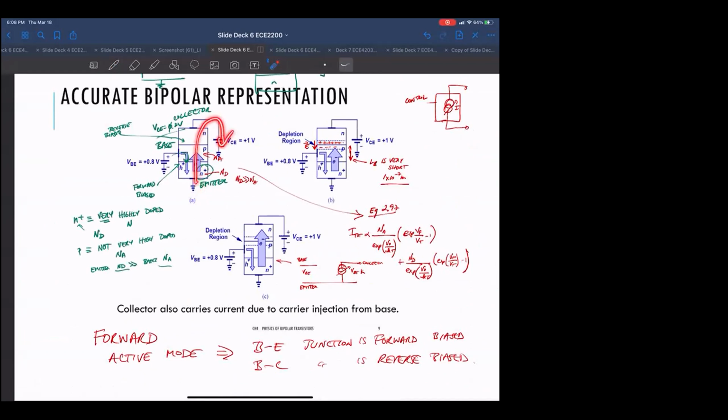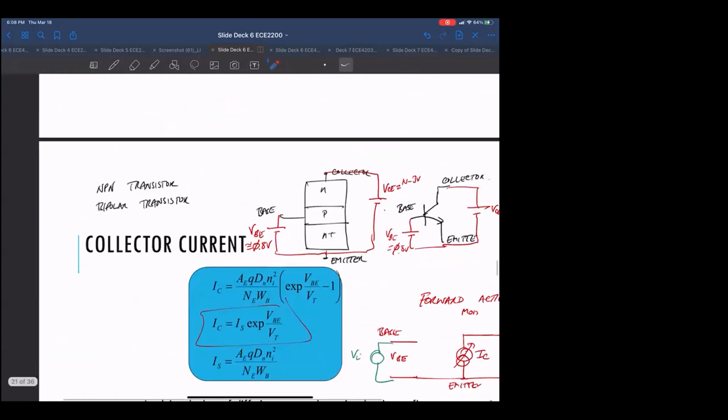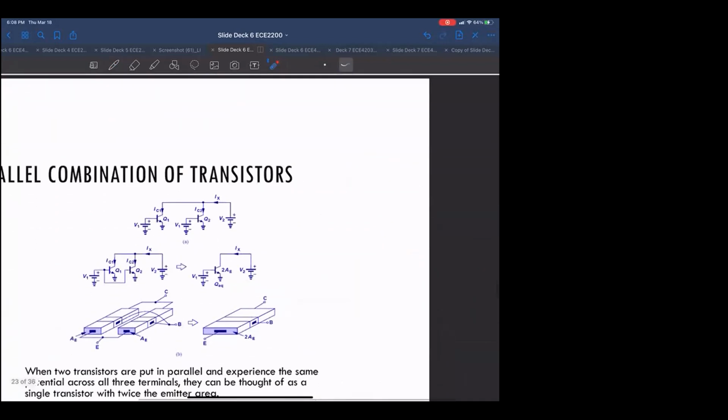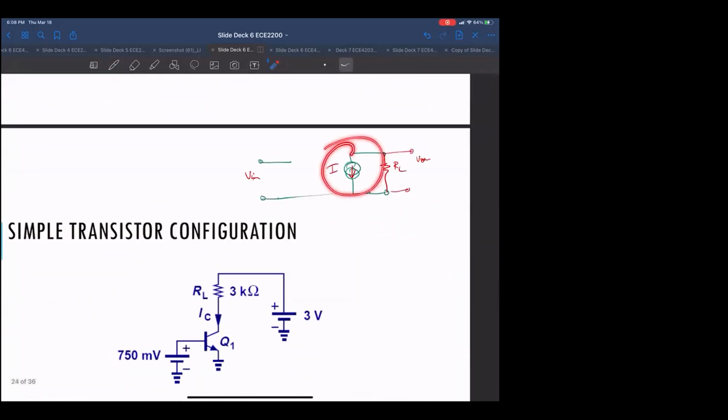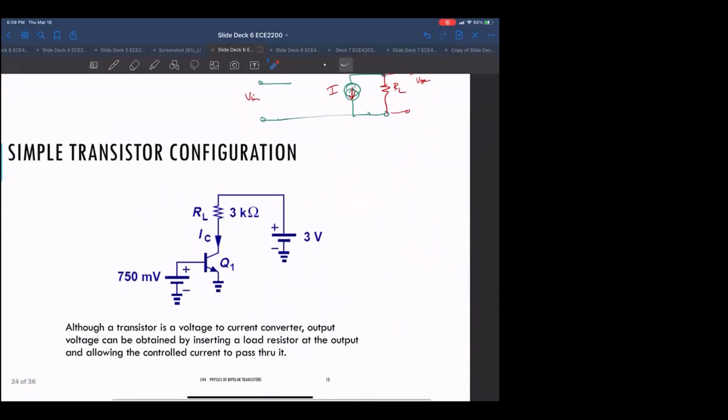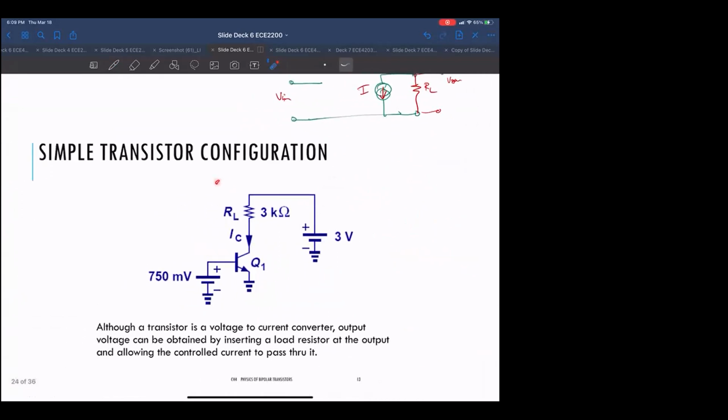But when we draw a simple current source, it's like a perfect device, and there's no concept that it needs current from a ground or something like that. But in reality, the current does need to come from somewhere. So the reality of the circuit looks actually like this.